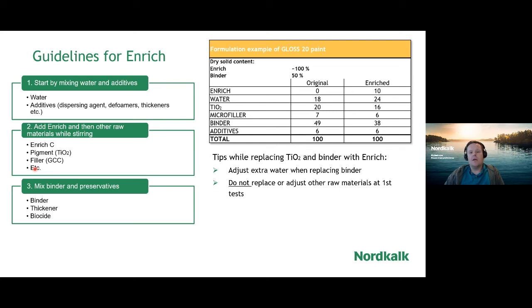So only titanium dioxide in the first place. Then on the second round, maybe going into the binder, we have a more detailed example test matrix for starting the replacement. But in the first place, titanium dioxide, not touching other fillers or other raw materials, to see how it affects.